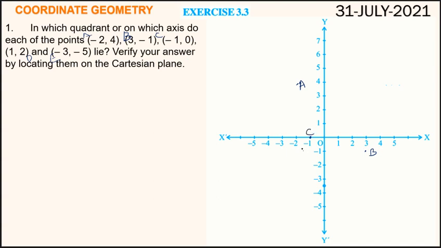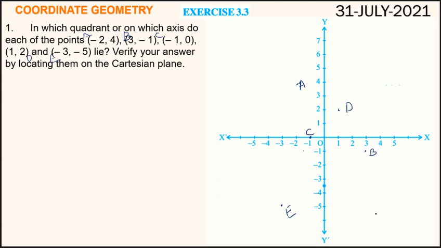This is the point C. 1, 2 lies in quadrant 1. E lies in the third quadrant, -3, -5. Here is the point, it is E. So this is how we show them.